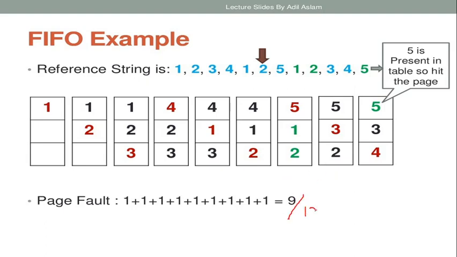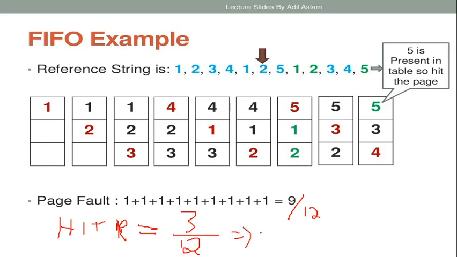So the hit ratio will be, how many hits are there? There are 3 page hits, right? 3 by 12.